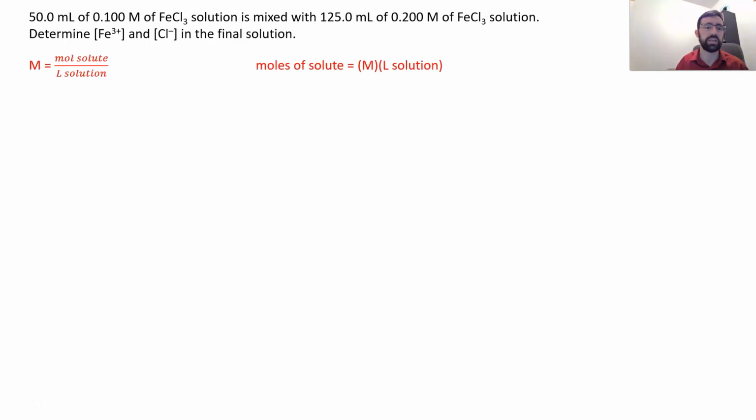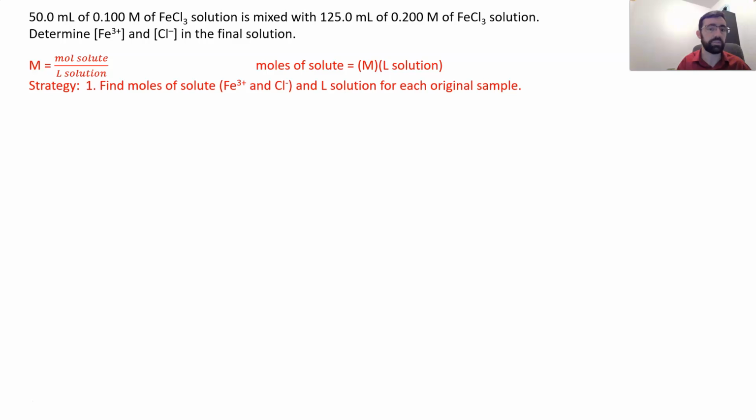So our strategy, using the formulas we've been talking about, is first we want to find moles of solute, whether that's Fe3+ or Cl-, and the liters of solution for each original sample. The second part, we want to add the liters from each original solution together, so we can put that in the denominator.